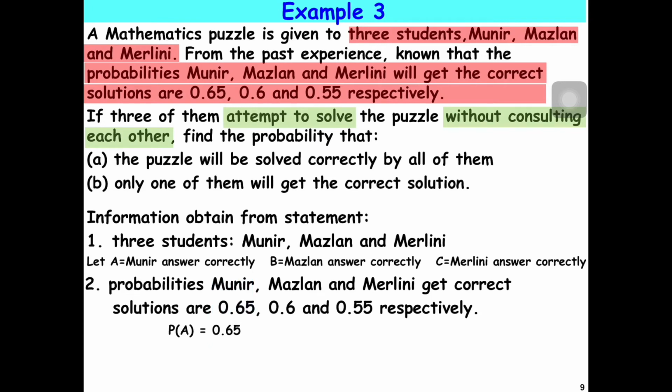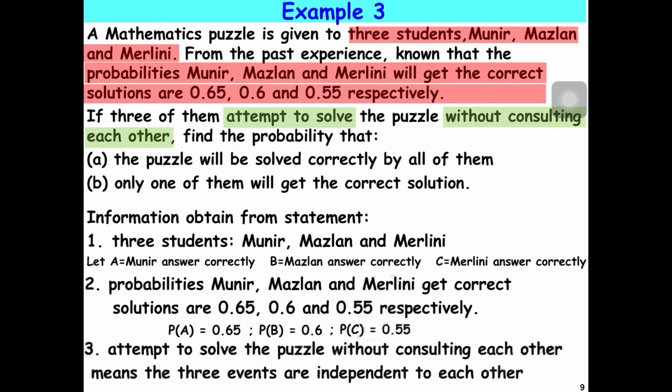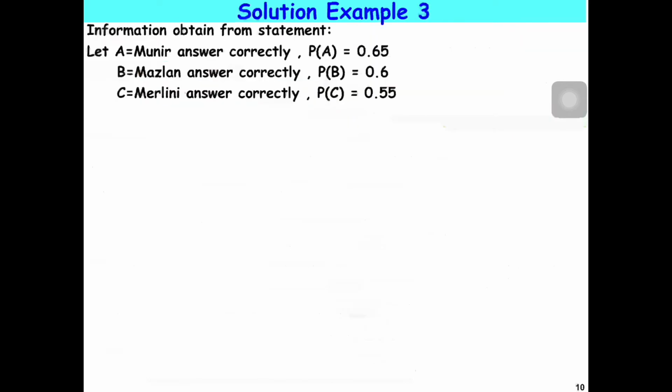It means that probability A equals 0.65, probability B equals 0.6, and probability C equals 0.55. And the third information is that they attempt to solve the puzzle without consulting each other. It means that the 3 events are independent of each other. So, solution, this is the information obtained from the statement.